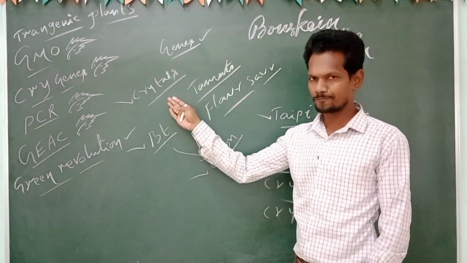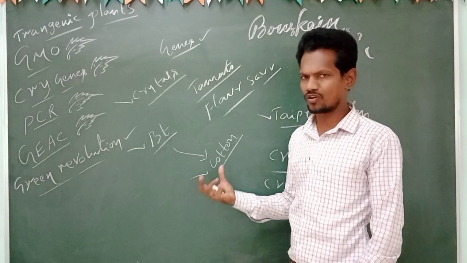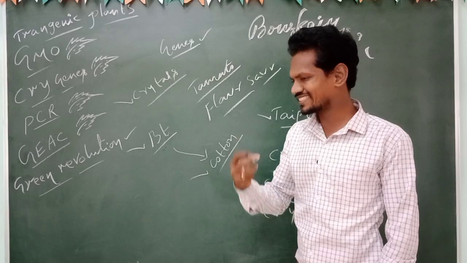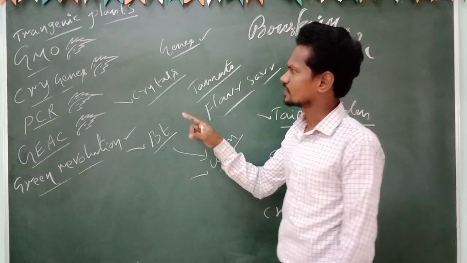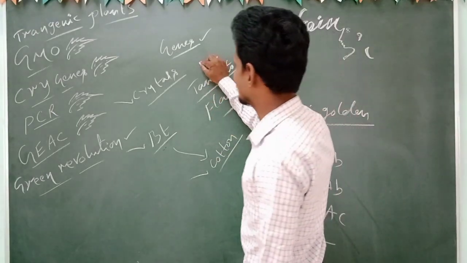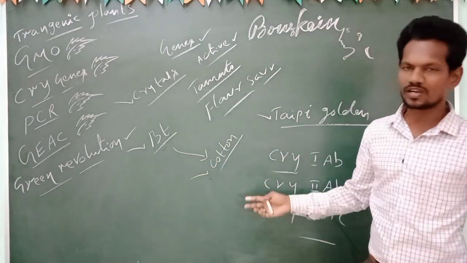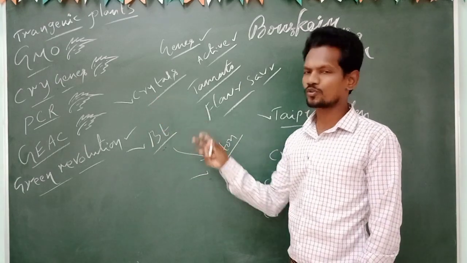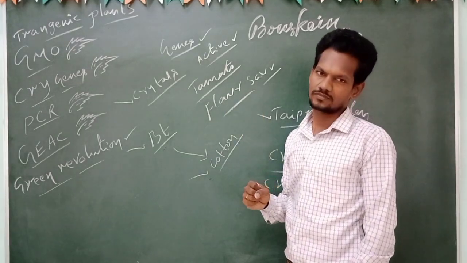These crystal proteins are not toxic at first. Whenever insects or worms eat the leaves or the product of the cotton plant, the crystal proteins enter the gut of the worm or insect, and due to the alkaline nature they dissolve and become active, and they kill the worms and insects that have eaten these parts of the BT cotton plant. So the protein is first inactive, then later becomes active.